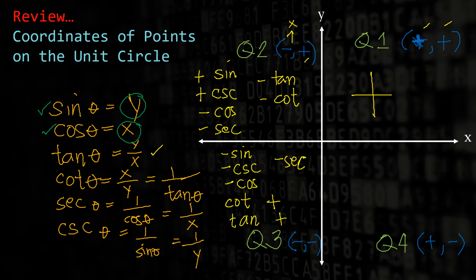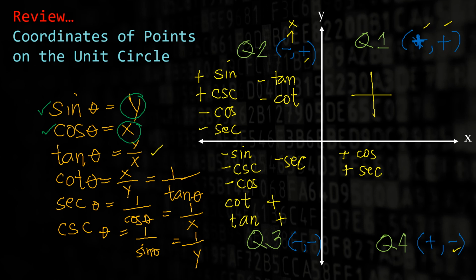So we move to quadrant 4. On quadrant 4, the value of y is negative. However, the value of x is positive. So in this case, those that require x only will be positive. What are they? Cosine is positive. Its reciprocal secant is also positive.